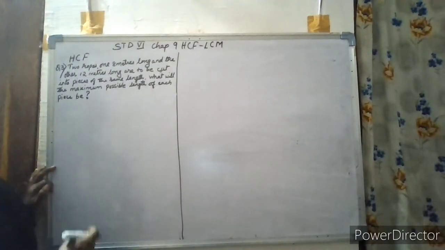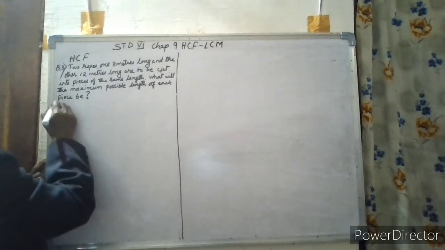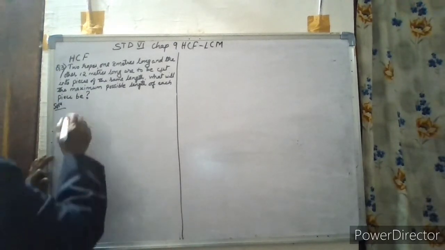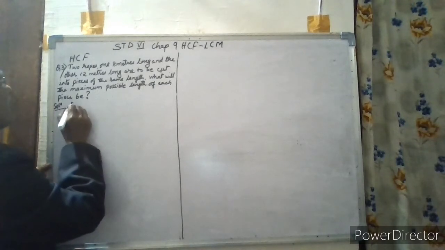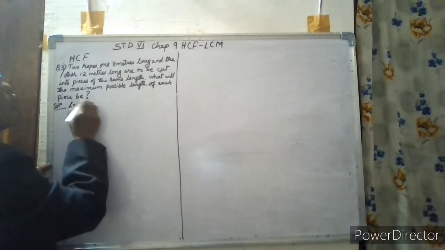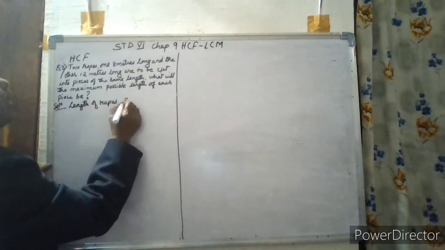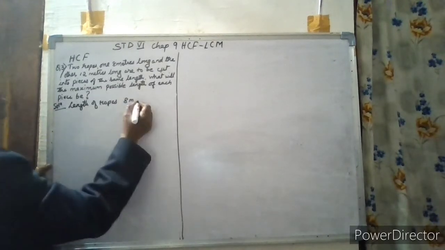So, solution: length of the ropes given. Length of ropes is what? 8 meters and 12 meters.